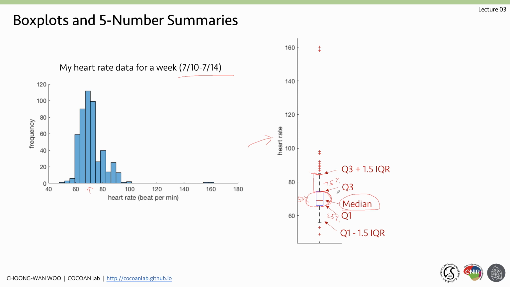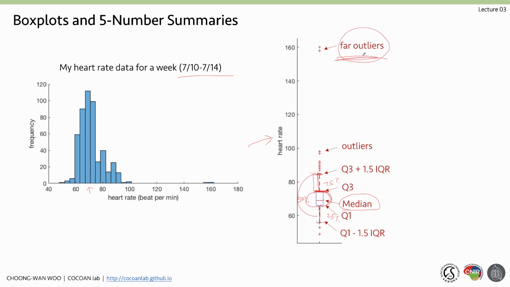And you are adding 1.5 IQR from Q3, so Q3 plus 1.5 IQR, and Q1 minus 1.5 IQR. So that's the range, and outside of that range, we decide those are outliers. So plus signs are outliers here, and this is far outliers.